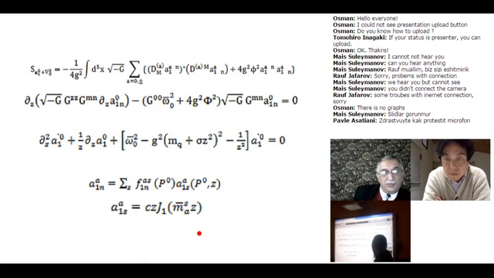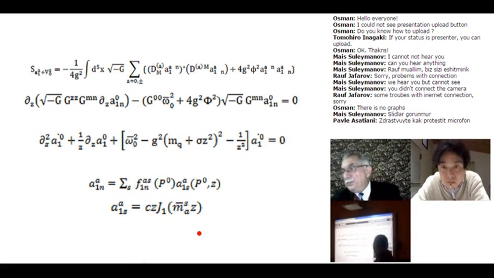The equation of motion for the A1 field, the axial vector field, has such a form. Written explicitly in Poincare coordinates of AdS space, the equation has this explicit form.